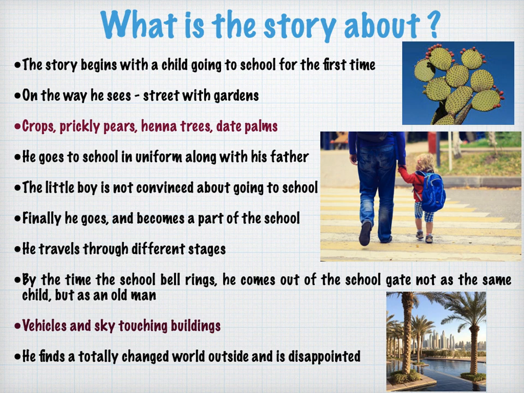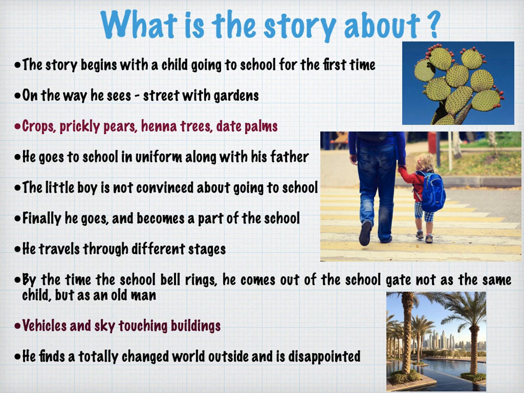Now, the most important element that you can find here would be the change happening to the world. As a child, when he went to school, he could see crops, henna trees, date palms, etc. But in the evening, when he comes back, he couldn't see any of these things.